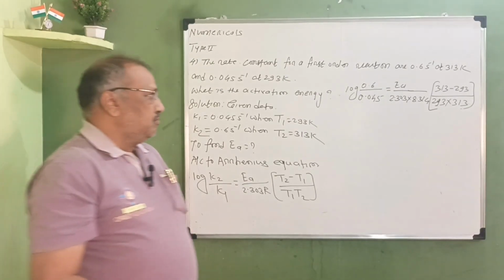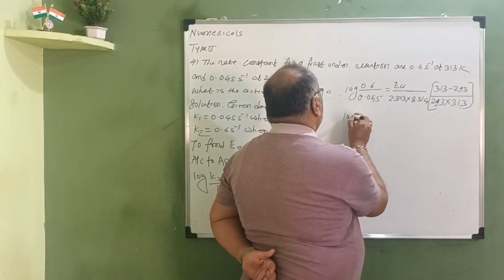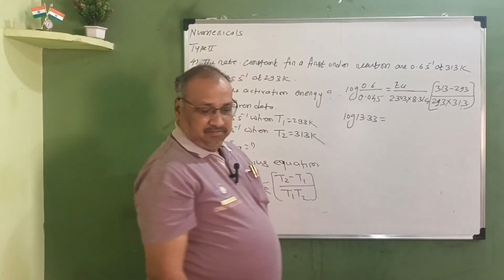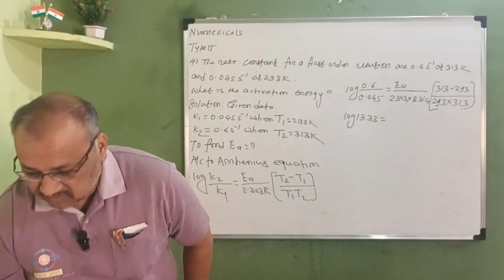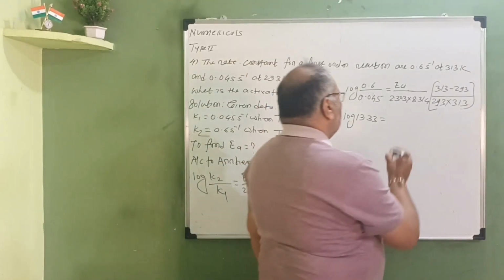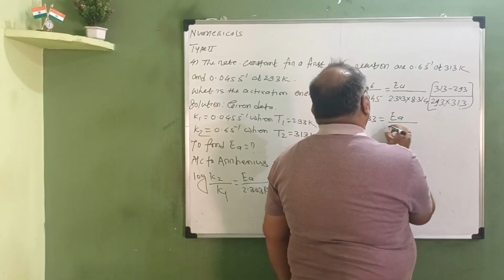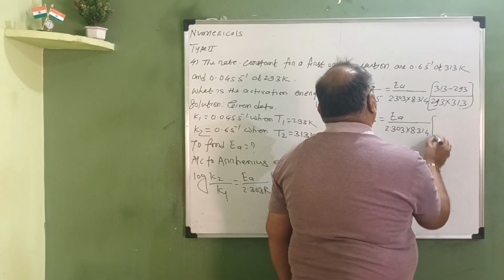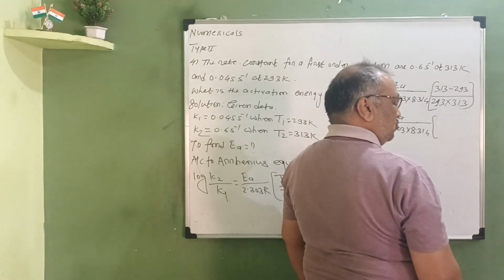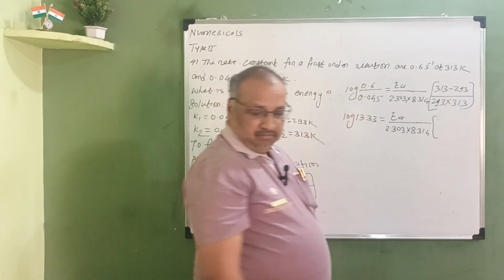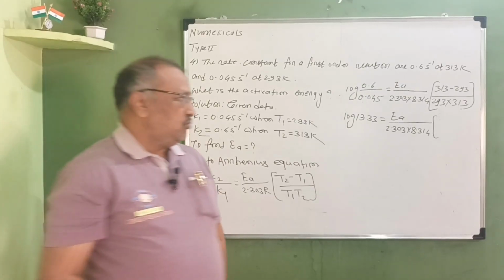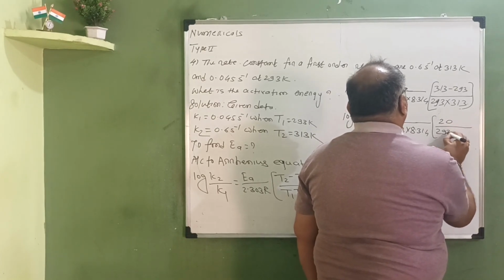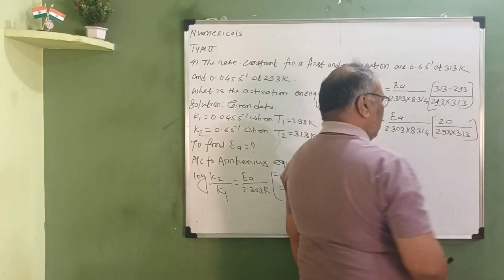That means here log of 13.33 equal to EA upon 2.303 into 8.314 in bracket 313 minus 293, that is 20 upon 293 into 313.